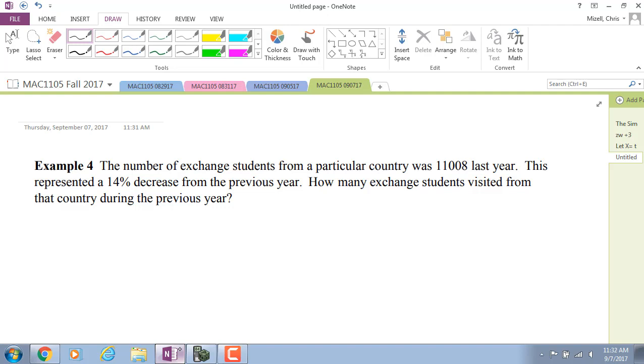It had been quite a few more the previous year, and it decreased by 14%, all the way down to 11,008 exchange students. How many exchange students visited from that country during the previous year? What was the number before it was decreased by 14%?